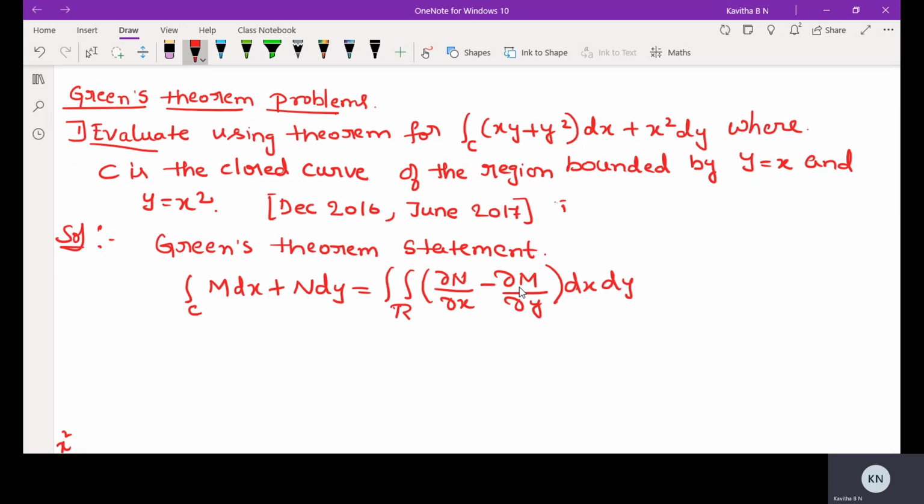Then, evaluate means we have to find only the LHS or the RHS, it is not necessary to find both the LHS and RHS.